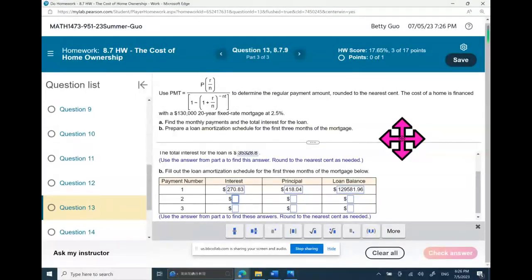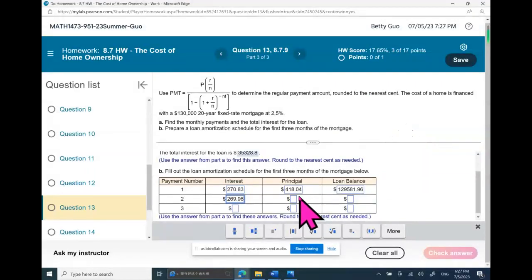That makes it a lot more convenient. So we multiply that amount by the annual interest rate first, 0.025, and then divide by 12. That's what I would do. It doesn't take too much effort. What do you have? Do you have 269.96? Exactly, yes.